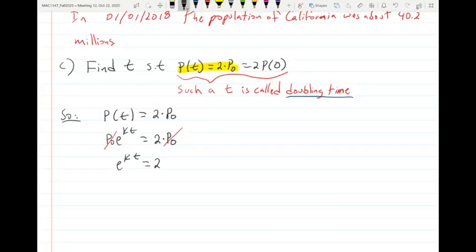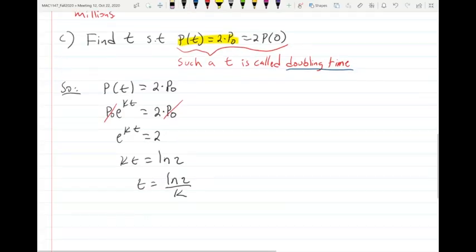Notice that I did this for a general model. We have e to the kt is equal to 2. So this means that kt equals ln of 2, so t equals ln of 2 divided by k. This right here is the formula for the doubling time of an exponential model.